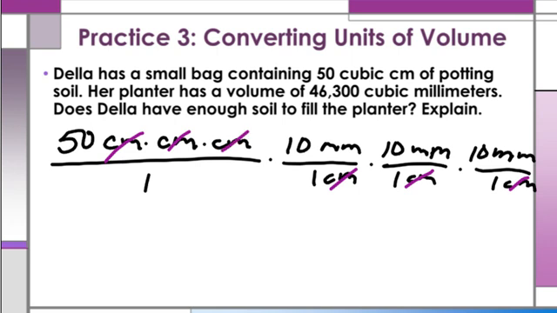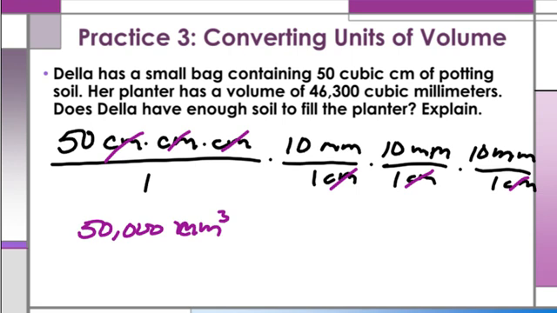And now I have 50 times 10, which is 500, times 10 is 5,000, times 10 is 50,000. So I have 50,000 cubic millimeters of potting soil. Her planter has a volume of 46,300 cubic millimeters.